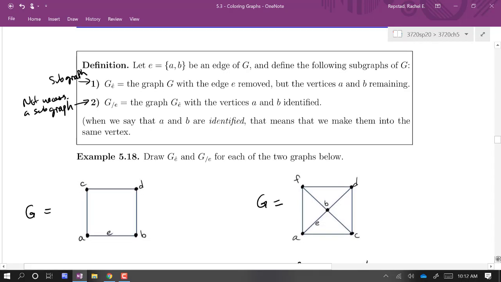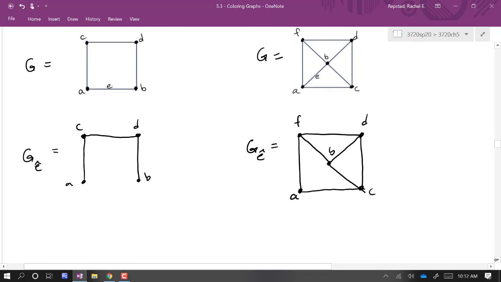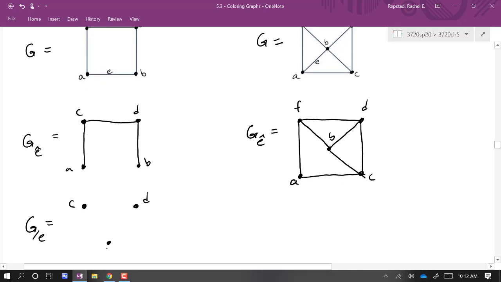So returning to this example, the graph on the left, we removed the edge E, and we got this graph here on the bottom that we drew. Now if I mod out by this edge, I'm going to take A and B and squish them into the same vertex. And I'll just call it A, but you can call it A or B or whatever. But there is the graph G mod E.